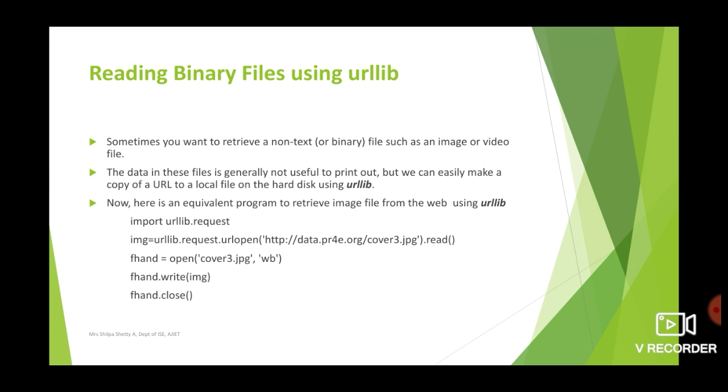So f hand is equal to open, that is, we are going to create a new file called cover3.jpg, and into this file, because we are writing an image, which is binary information, we will open this file in wb mode, that is, write in binary mode. Once we open the file, f hand is the variable for the file object here.